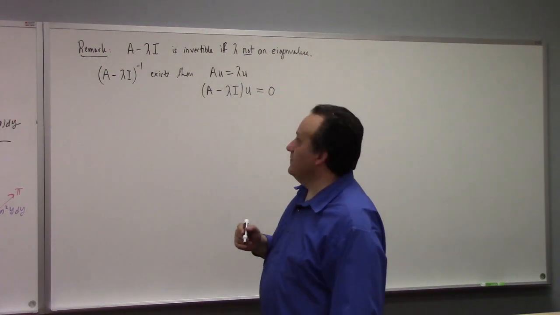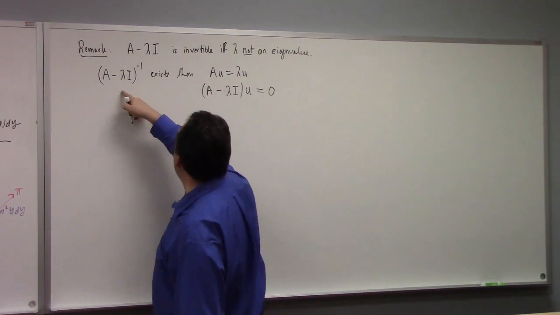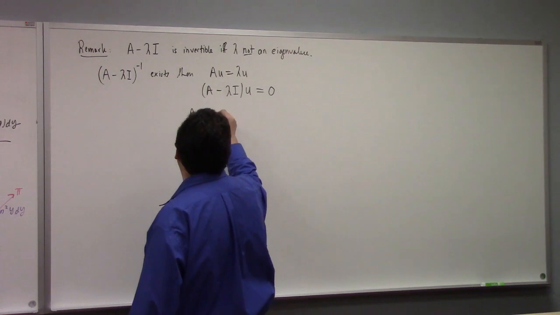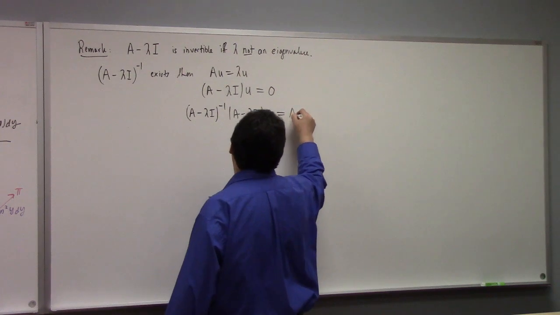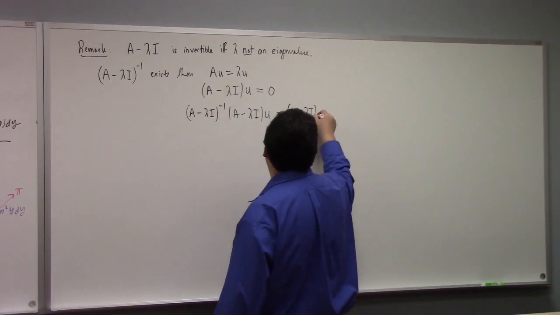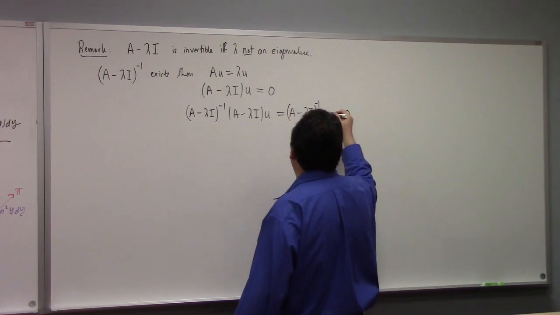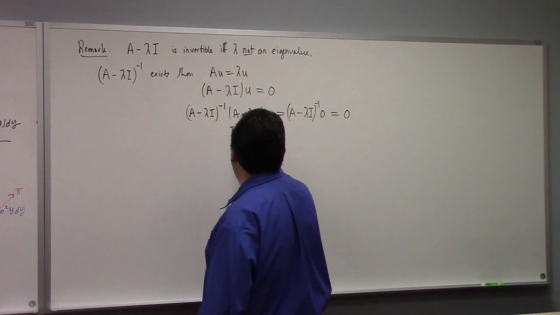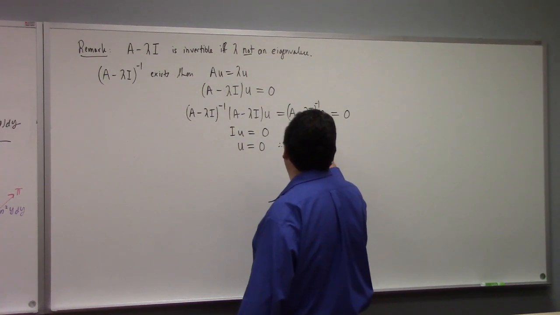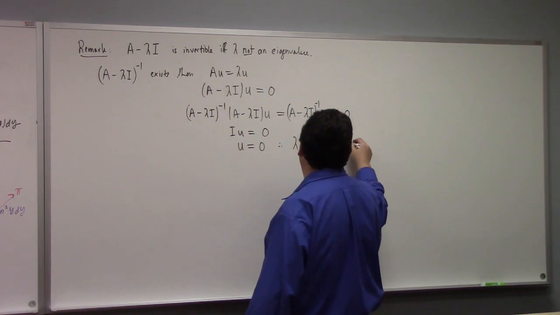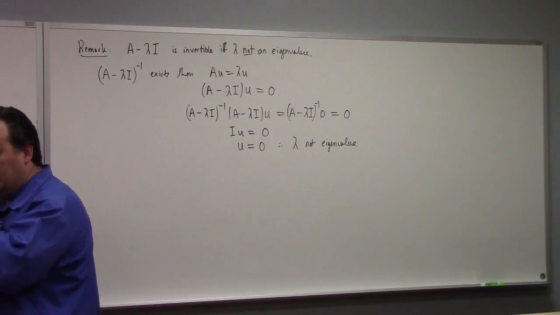But then, if this exists, then we can hit that by the inverse operator. And the inverse operator of a linear operator, even in infinite dimensions, is still linear. So a linear operator hits 0 at 0. And of course, this gives me IU. So U equals 0. So therefore, lambda is not an eigenvalue, because we just proved that the eigenvector equation has only the 0 solution.